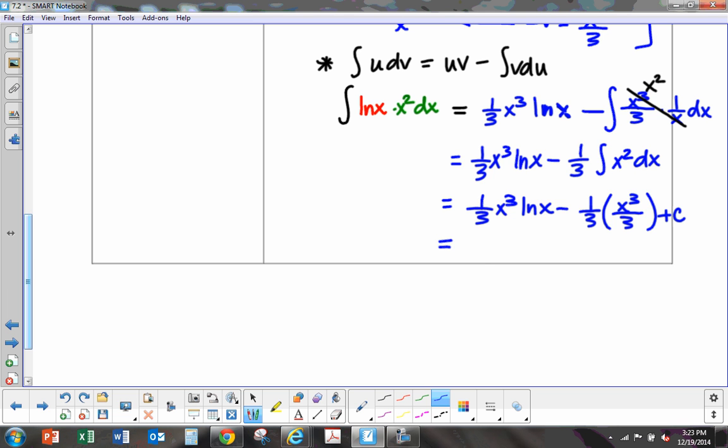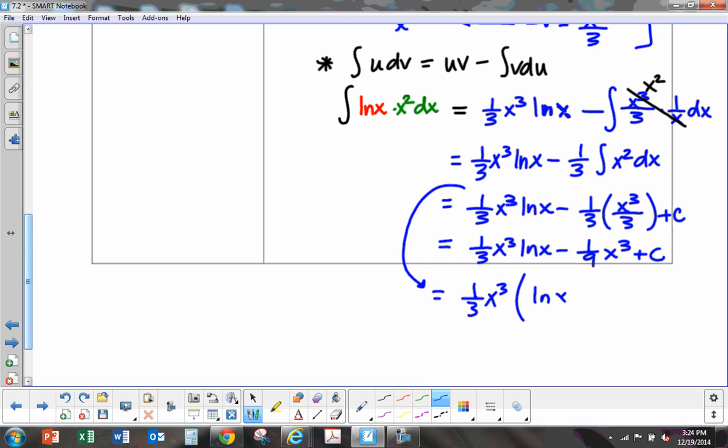If you just want to multiply everything out, you'd have 1/3 x to the third natural log of x minus 1/9 x to the third plus c. Or if you want to take a look at that stage and see some stuff in common, maybe they do take out a third and an x to the third. And then they would have natural log of x minus just 1/3 and then plus c.